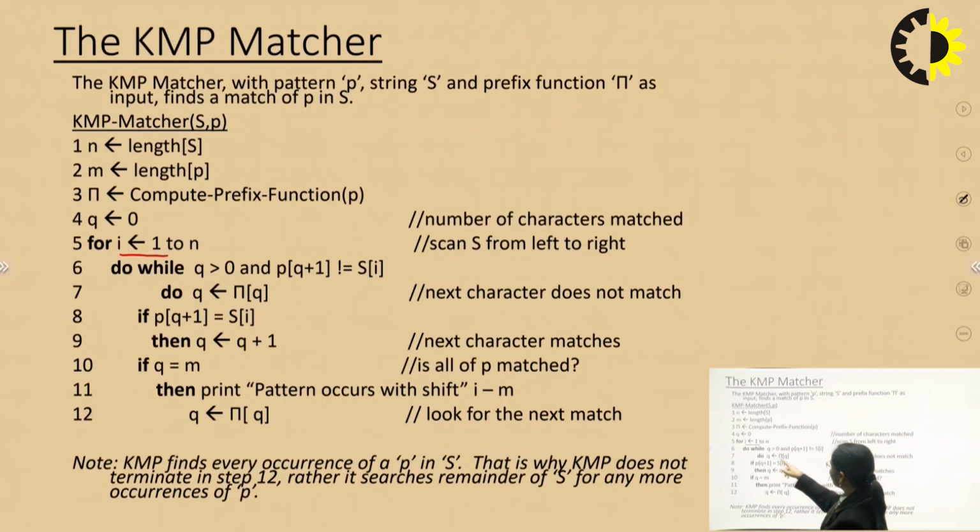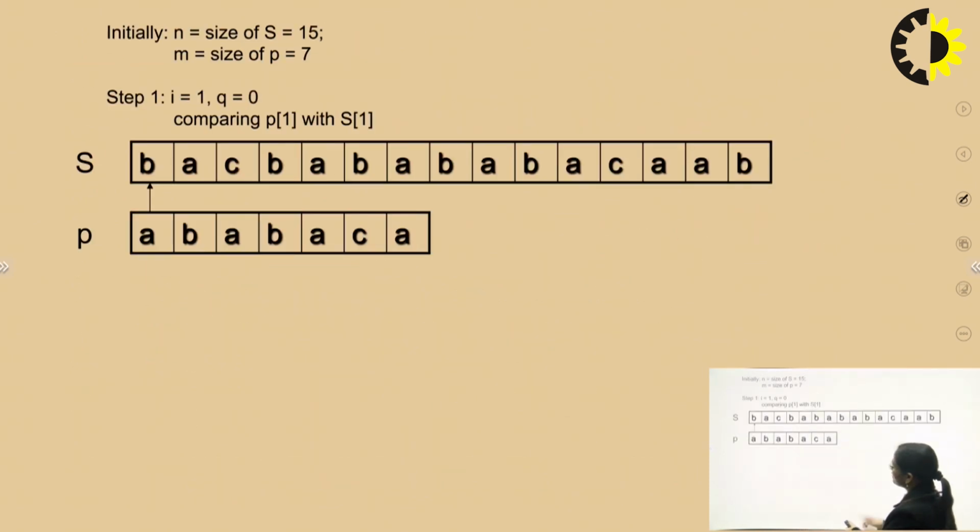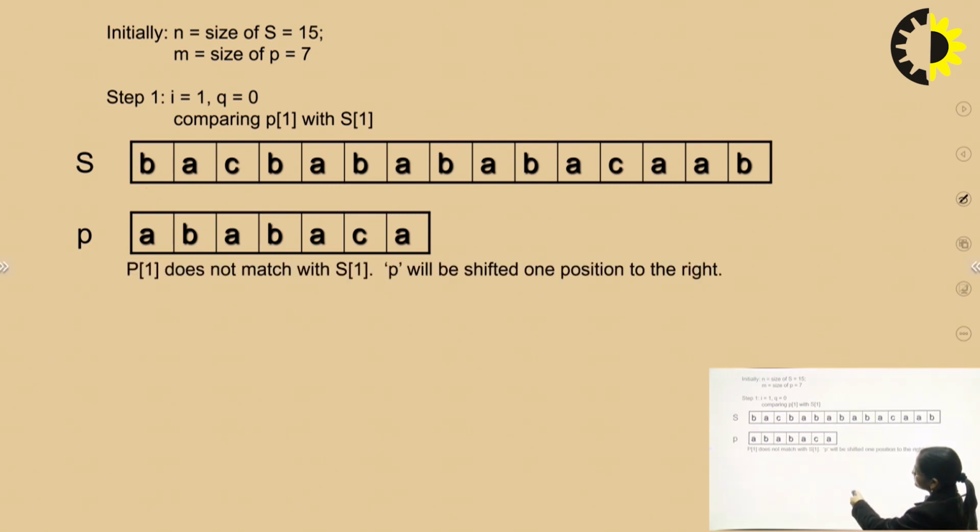If Q is greater than 0, compare P Q plus 1 with S I. S I means S1 with P1. So we compare P1 with S1. Here they are not equal, so we have to move forward. Since P1 doesn't match with S1, P will be shifted one position to the right.